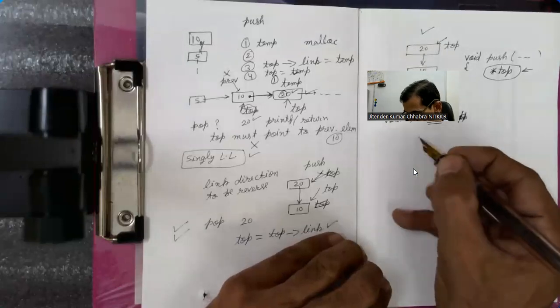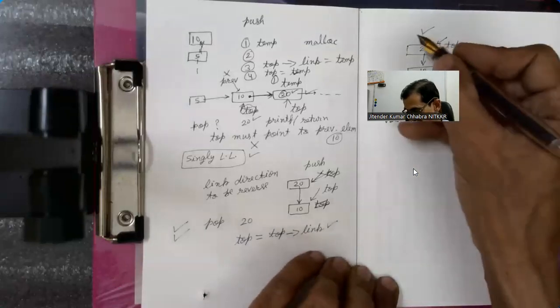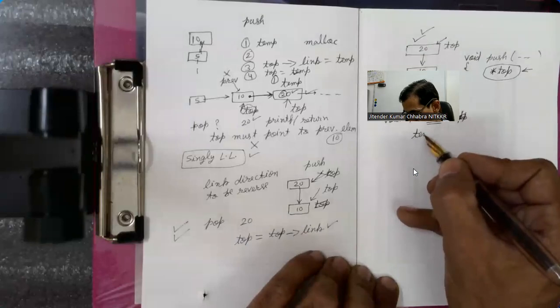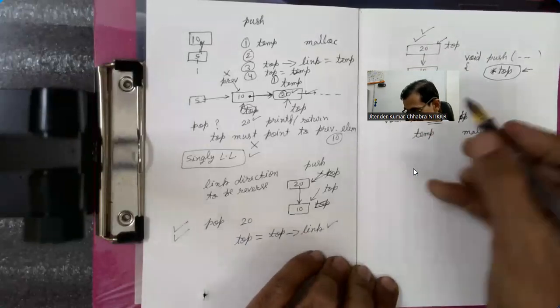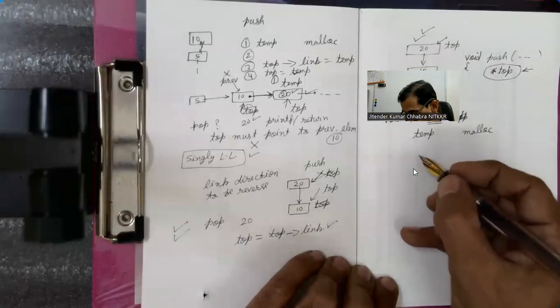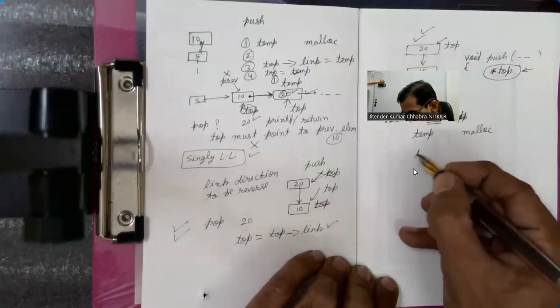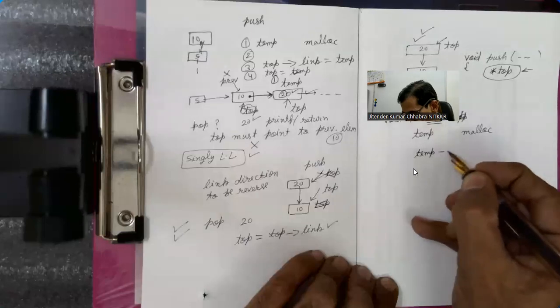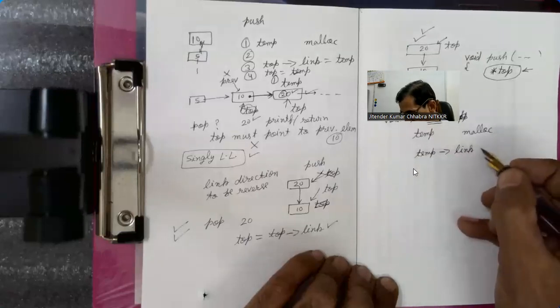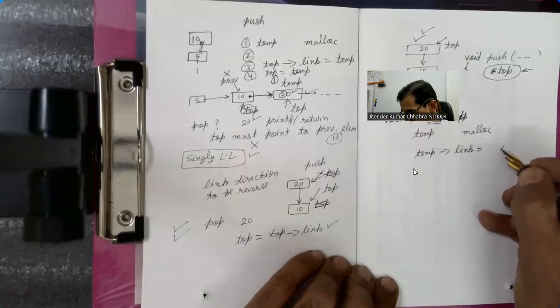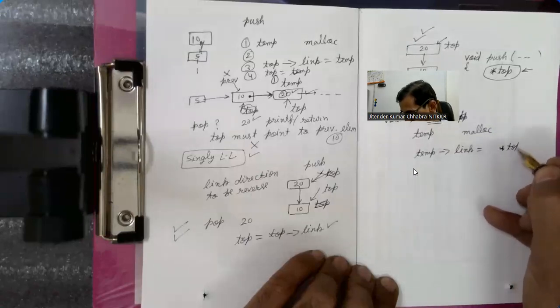Whenever your linking was done, for example, you have taken a temp equal to malloc, and malloc etc. done. After that, data etc. stored. But now you want the link to be going in the reverse direction. Not a top arrow link to be changed, but you will say temp arrow link equal to star top.